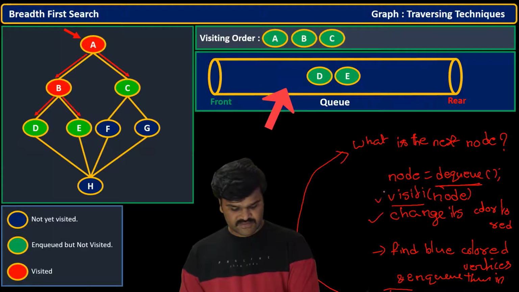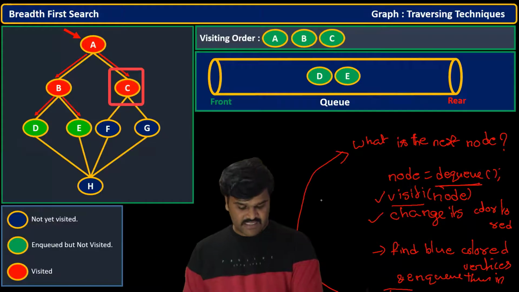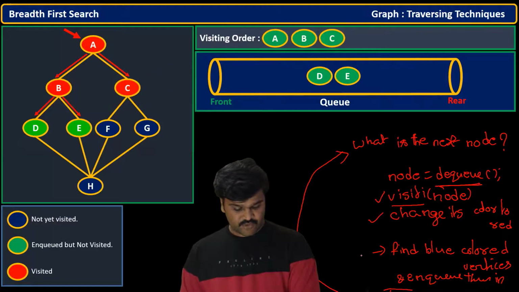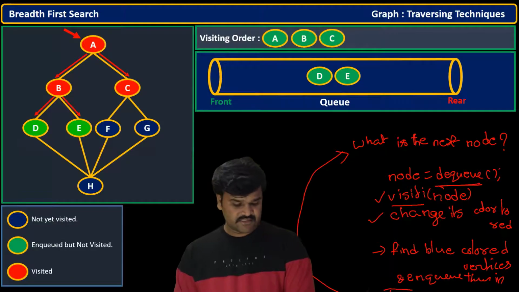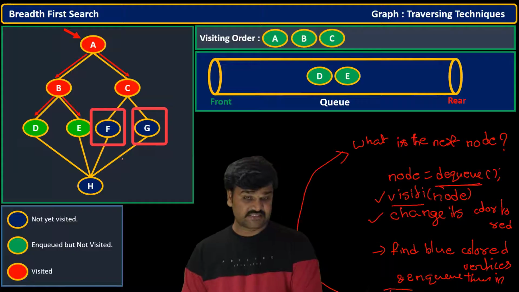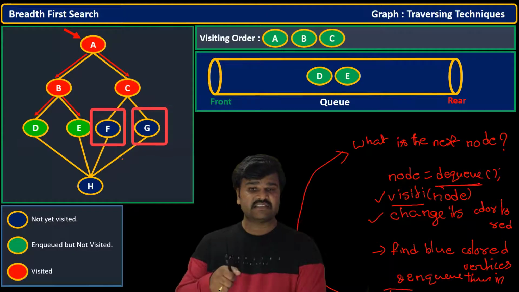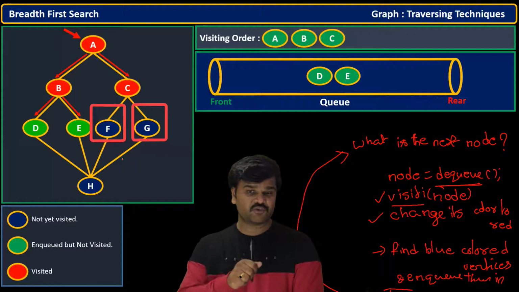So visit that particular node and change its color to red. Say we change C's color. Then find blue colored adjacent vertices. You are at C now. Blue colored adjacent vertices means adjacent vertices which are not yet considered, that means not yet NQ'd.